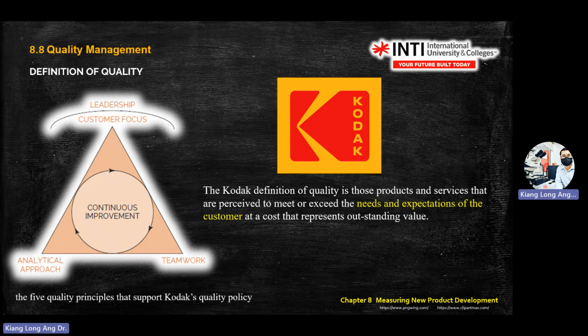A company may go bankrupt at some point in history, but they do have a very useful QA system, a quality system. They focus on the customer, analytic process, teamwork, and continuous improvement. This quality improvement principle is very famous in the total quality community.